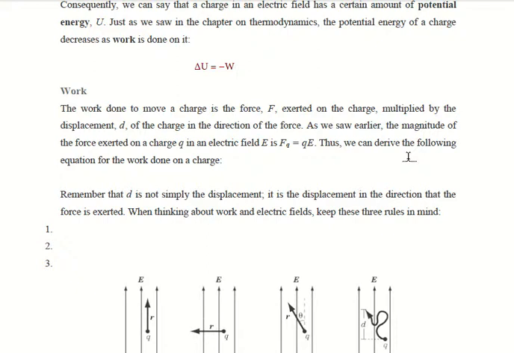So we can come up with this equation to figure out how much work is done on a charge. So we know work is force times distance. And up here we said force is just charge times the electric field times the displacement.